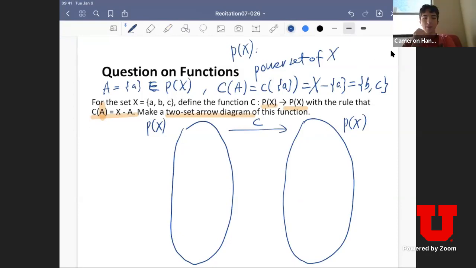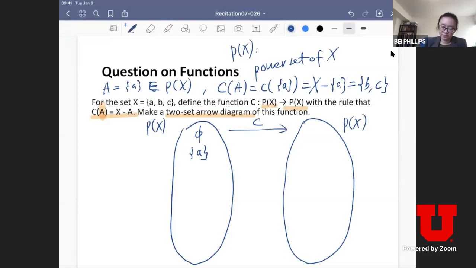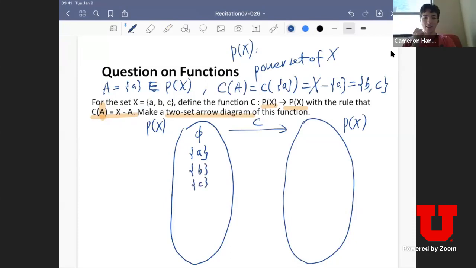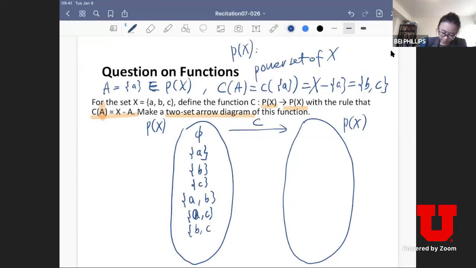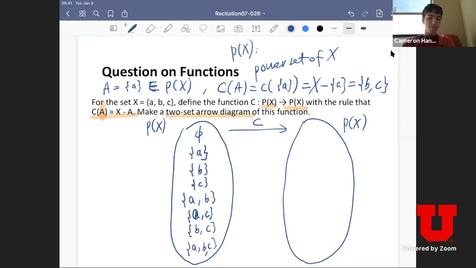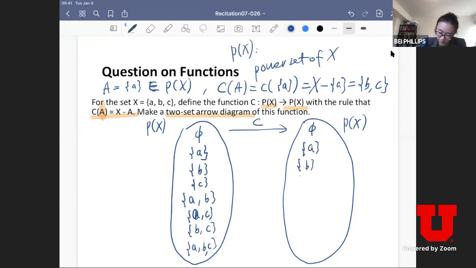So in the power set of X, you have the empty set, and then you have A by itself, B by itself, and C by itself, and then you have AB, AC, and then BC, and ABC. Yeah, perfect. So now I'm going to copy the same thing on the right-hand side because that is the codomain of my function, which is also the power set.